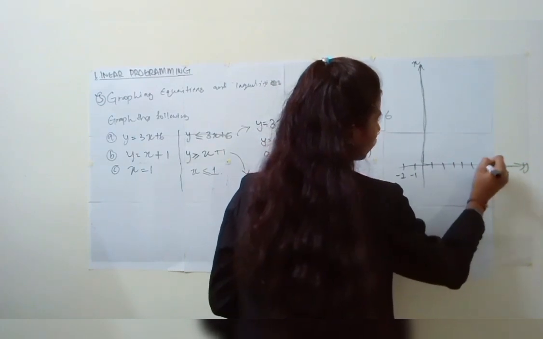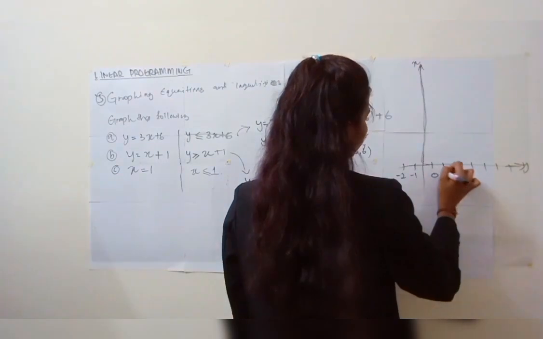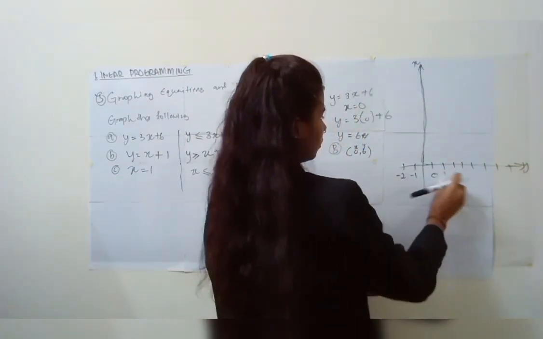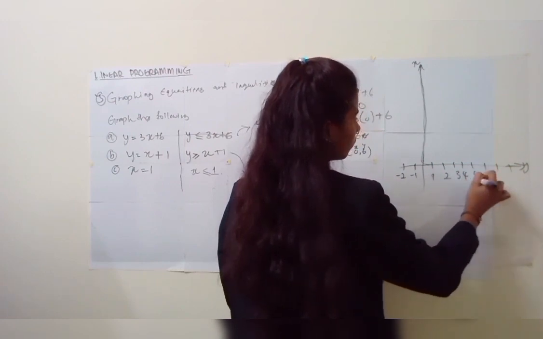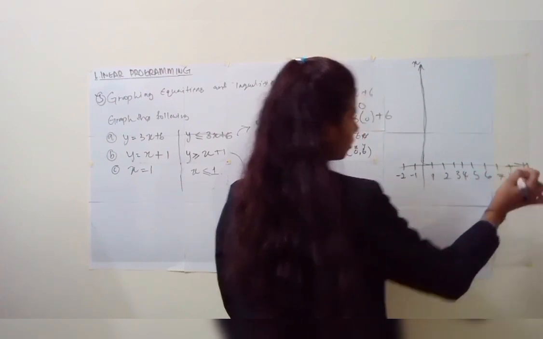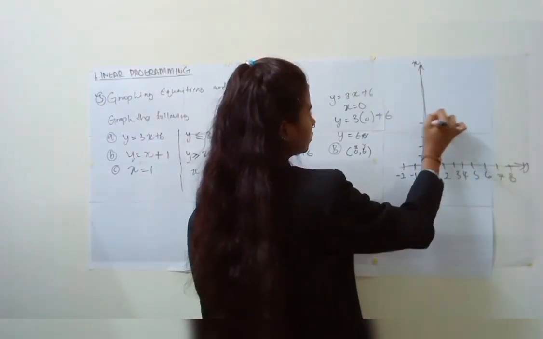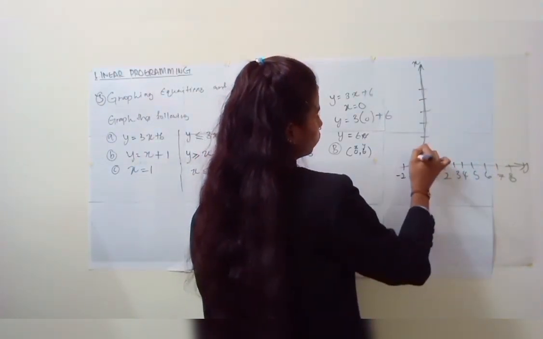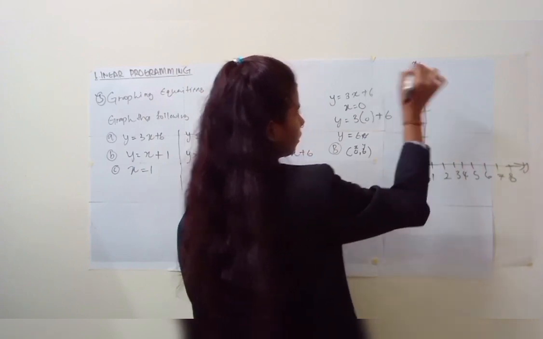Here you must plot the number till 8. 1, 2, 3, 4, 5, 6, 7, 8. And then here also you must plot the number 7. 1, 2, 3, 4, 5, 6, 7.